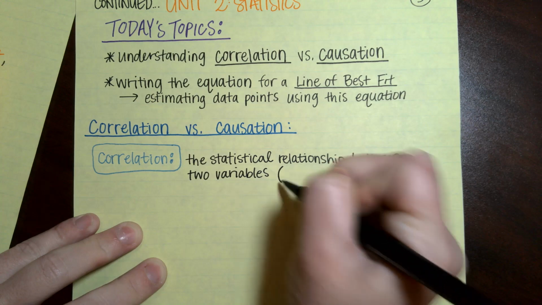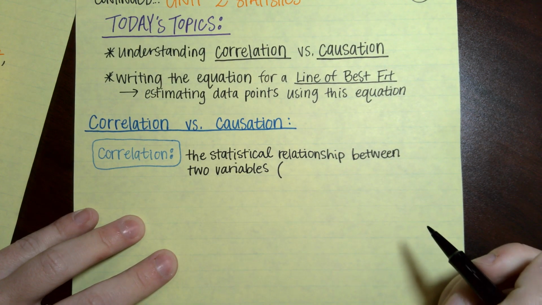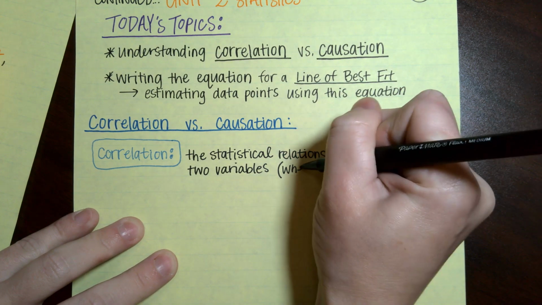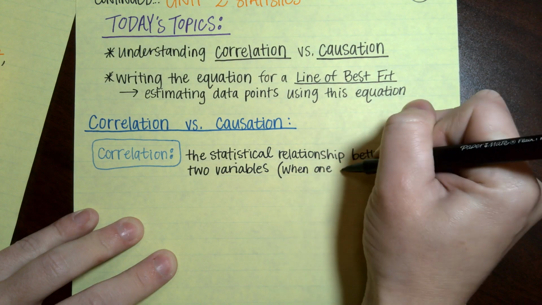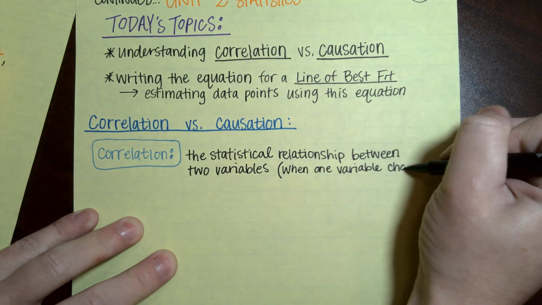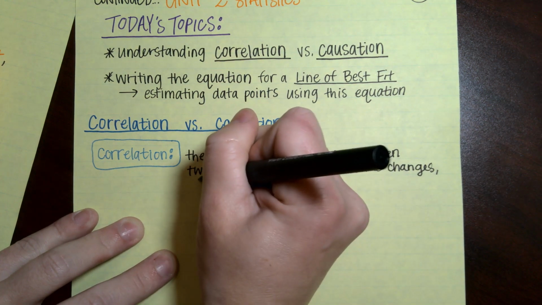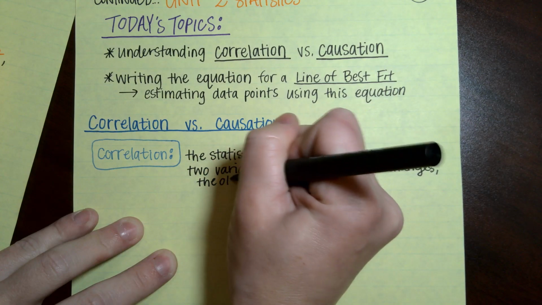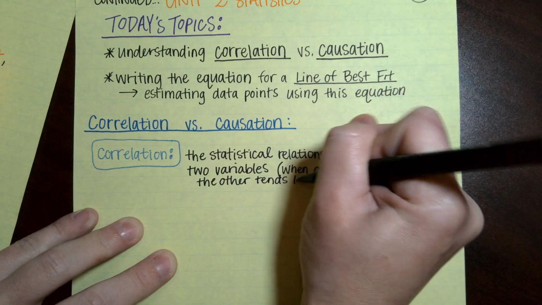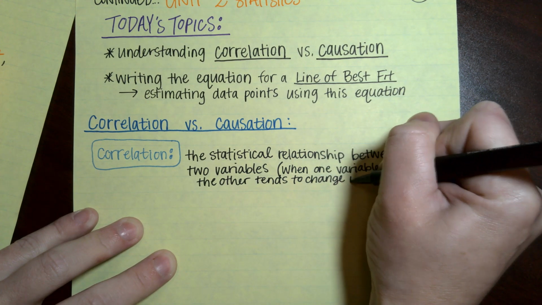And in parentheses here, I'll put that explanation again. It just means when one variable changes, the other tends to change in a consistent way.